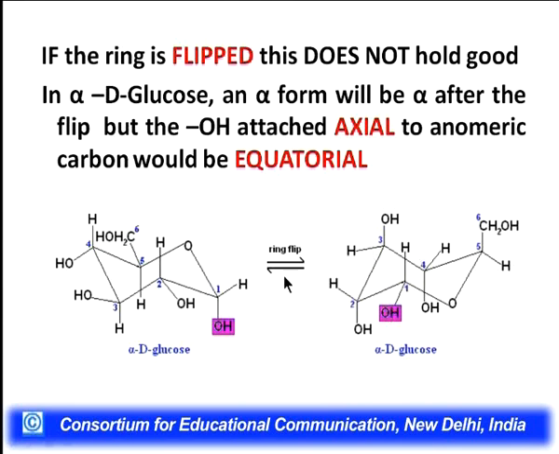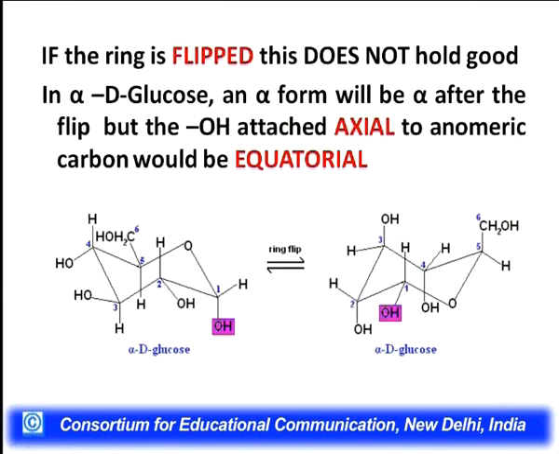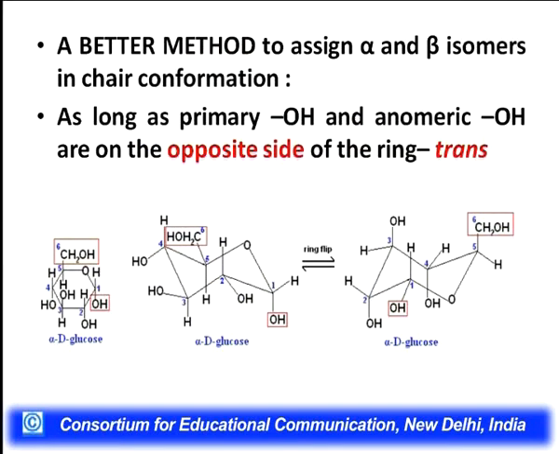So hence we cannot say, at the anomeric carbon, that it is always at the axial position. Similarly, if I talk of the beta conformation, then what we find is that in beta conformation also the equatorial will become the axial. So what is the better method to assign alpha and beta isomers in chair conformation?